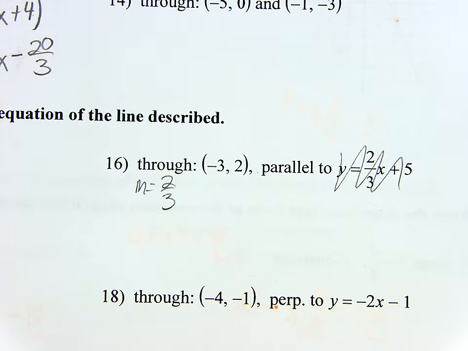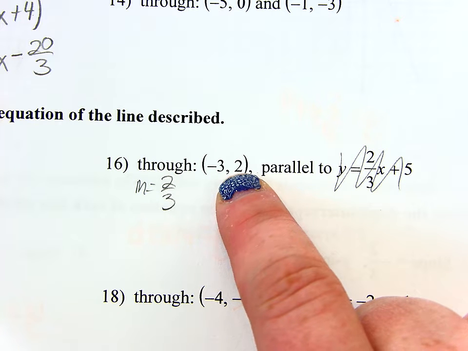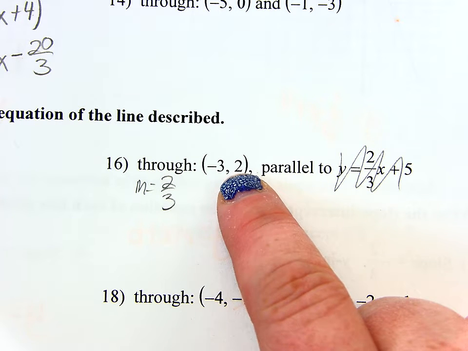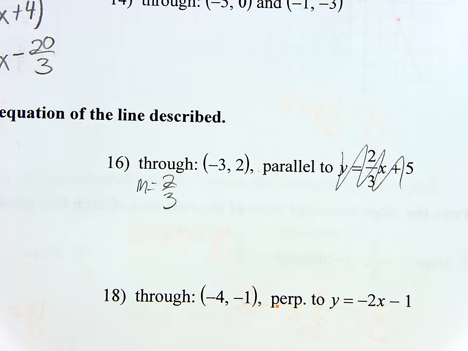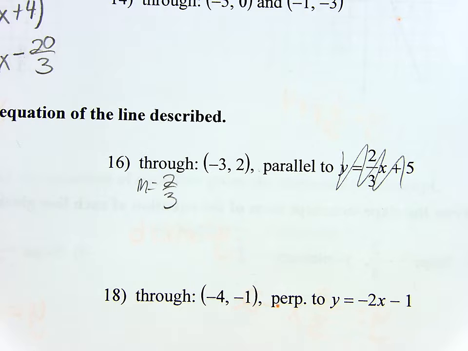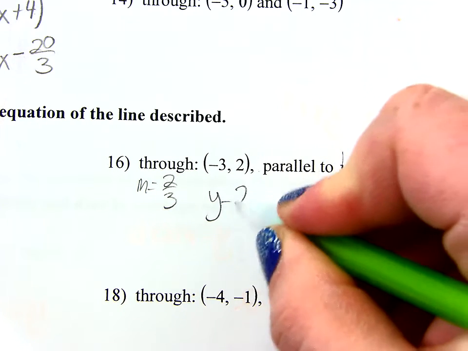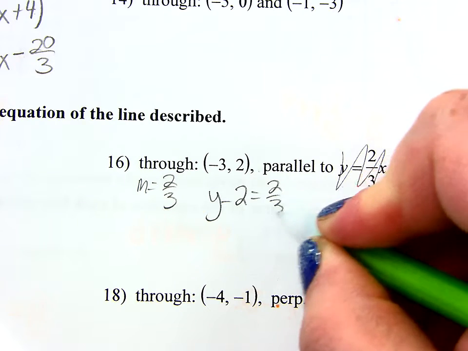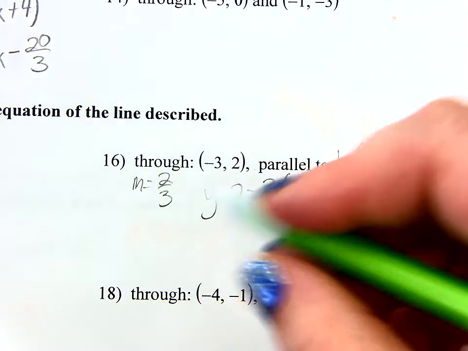I just need to now write the equation of a line with a slope of that and a point of that. So what form would you use? I would use point slope form because that's what I have, a point and a slope. I do need to finish it in slope-intercept form, but I get to start wherever I want. So I would do y minus 2 equals 2/3 times x plus 3. And then I just have to rewrite it.